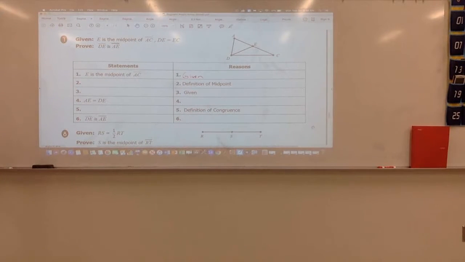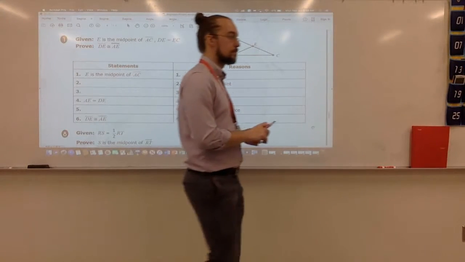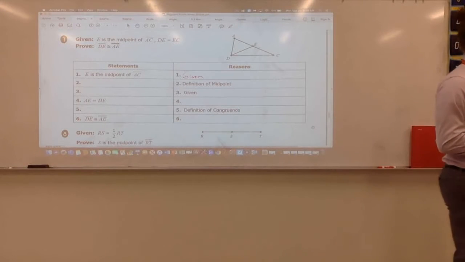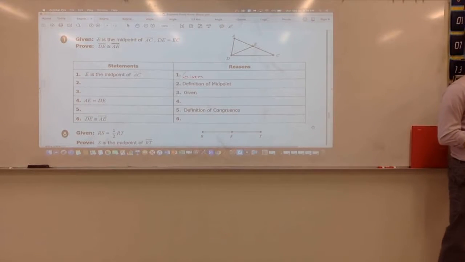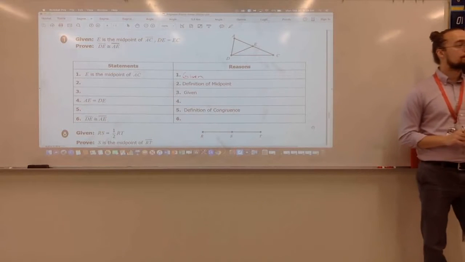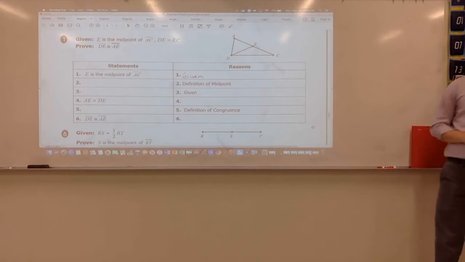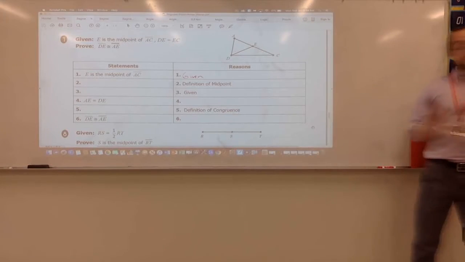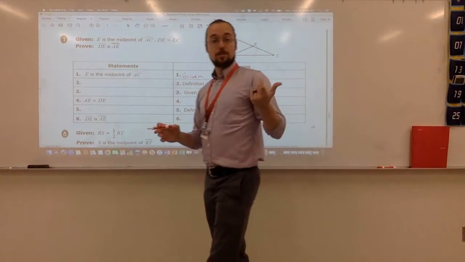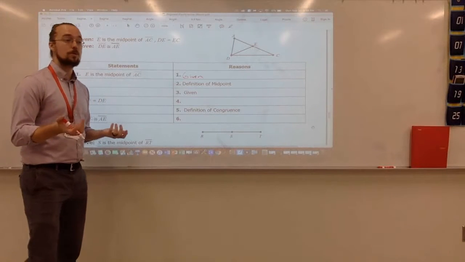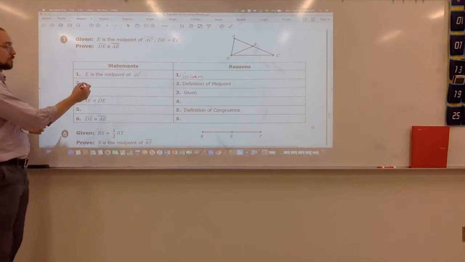Now, they tell us the reason in the second one is going to be definition of a midpoint. So if I know E is the midpoint of AC, what can I conclude by the definition of a midpoint? We're going to have an equation here saying that two pieces are equal.